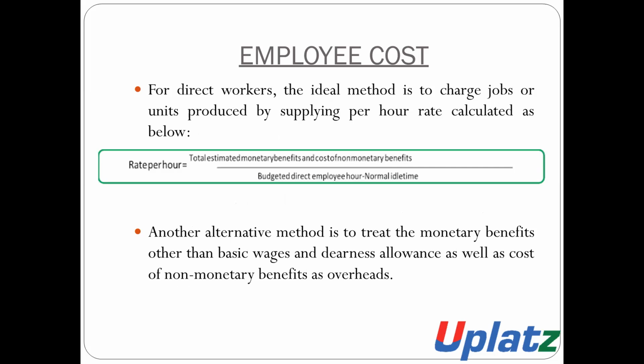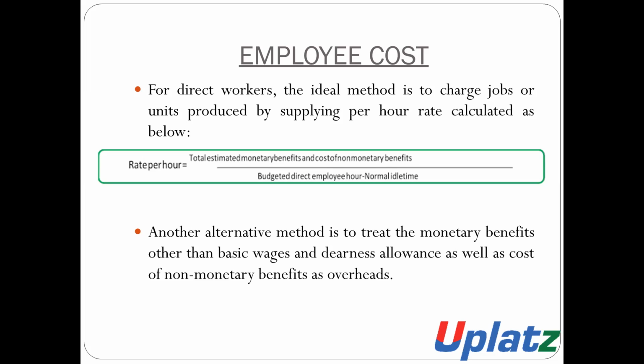For direct workers, the ideal method is to charge jobs or unit production by applying a per hour rate calculated as follows.